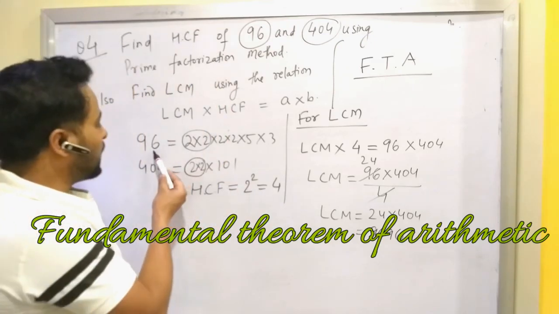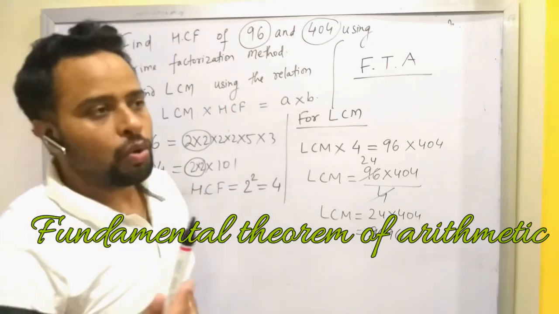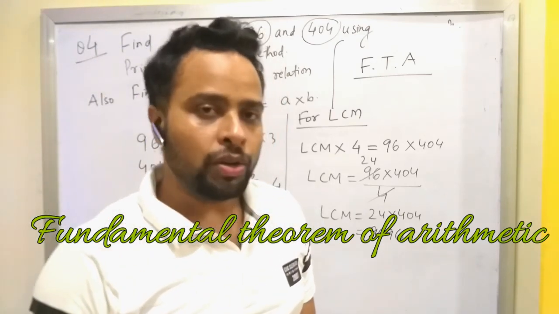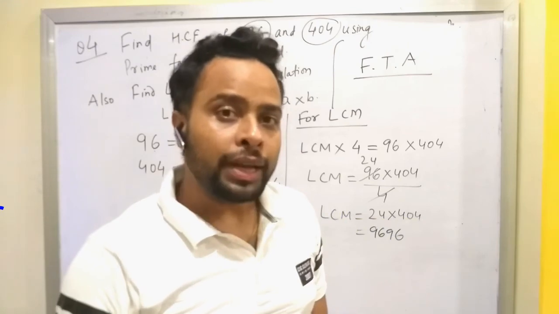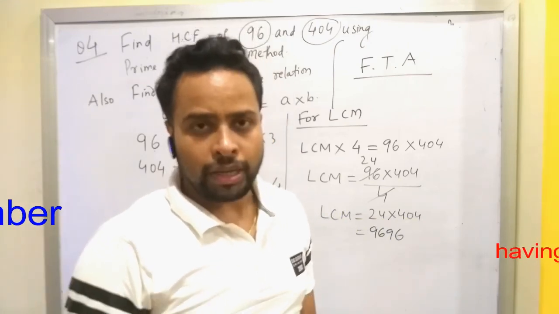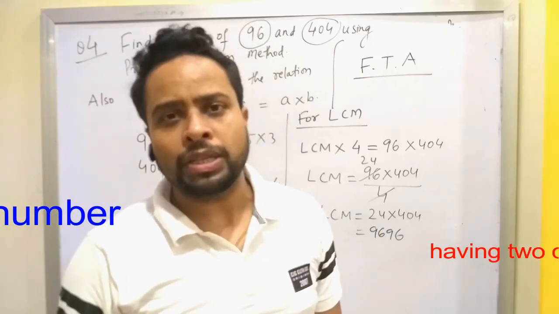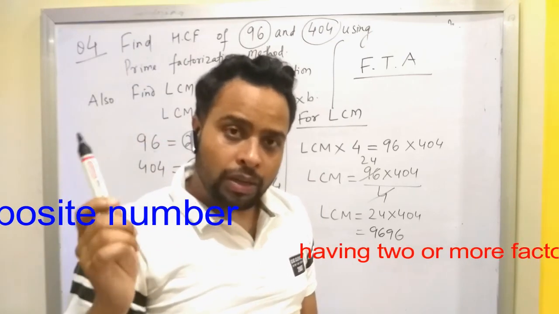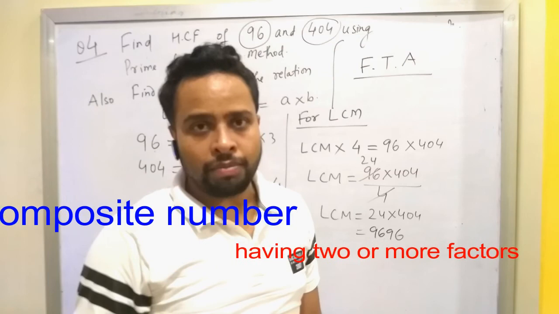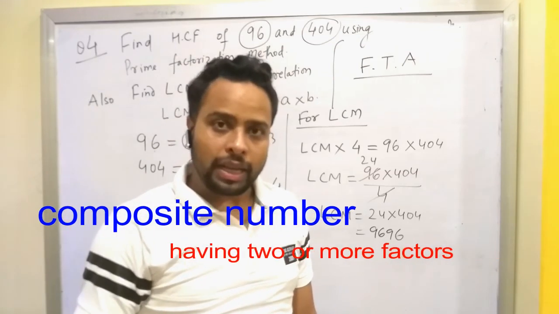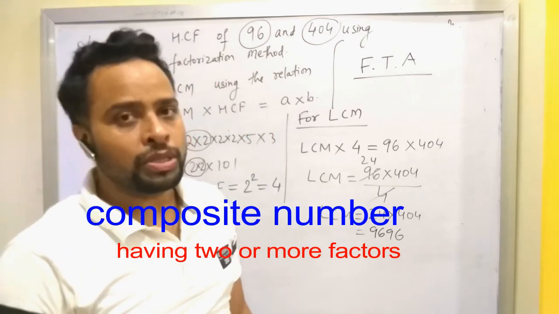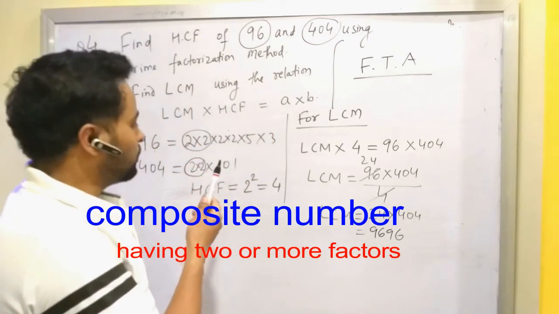So see, this 96 is a composite number. What is a composite number? A composite number is one which has more than two factors. The smallest composite number is 4, which has more than two factors. Besides one and itself, there has to be one more factor, so it is a composite number.